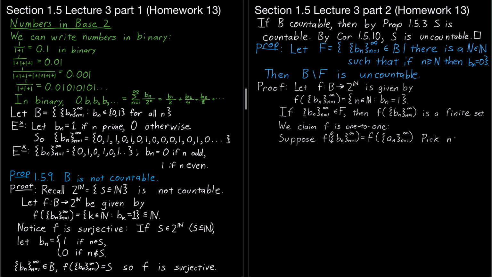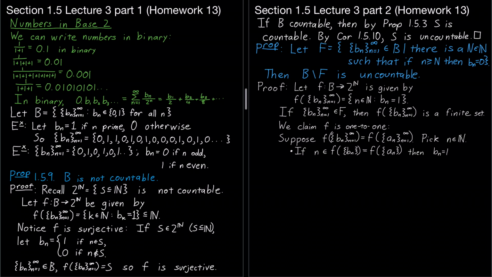you pick a natural number n. If n is in f of Bn, which is the same set as f of An, then Bn is 1.